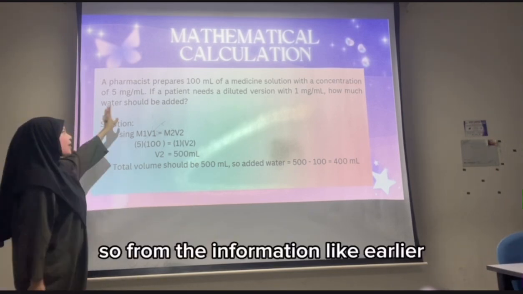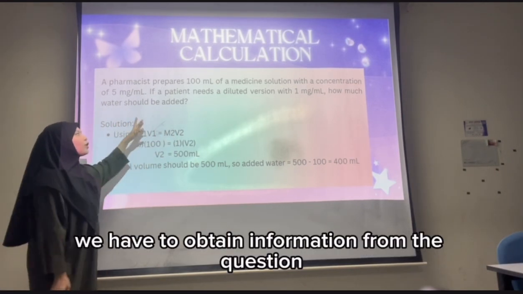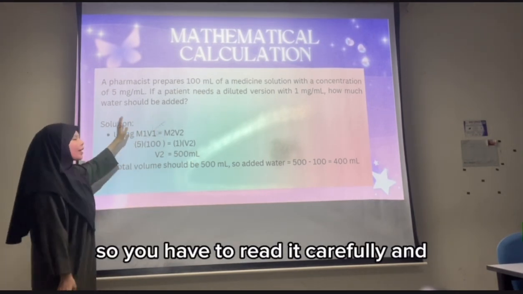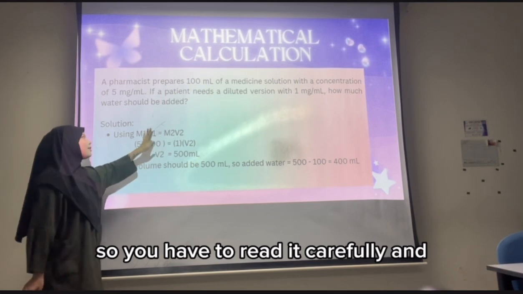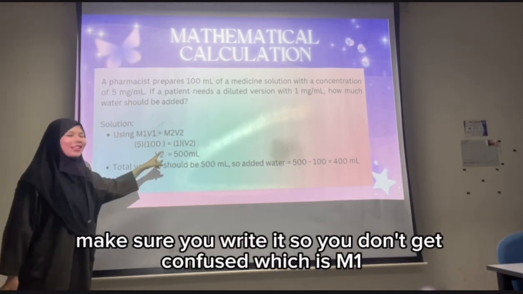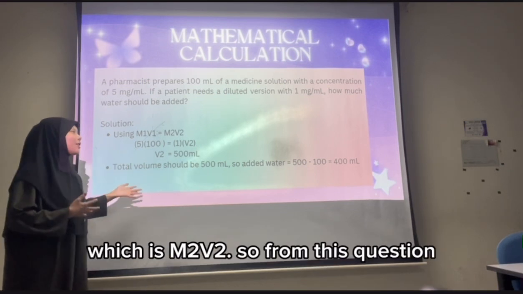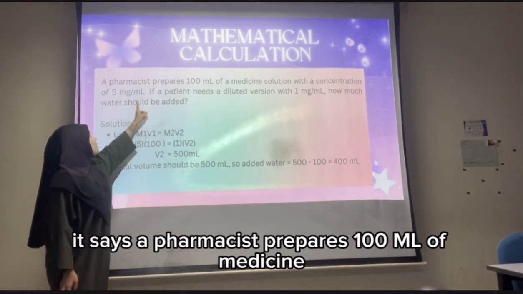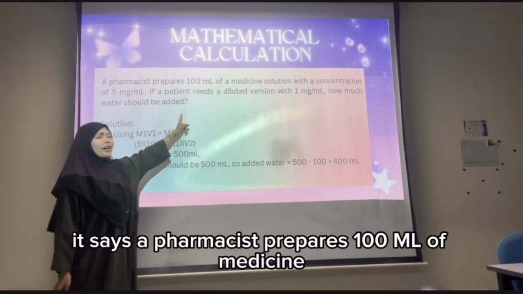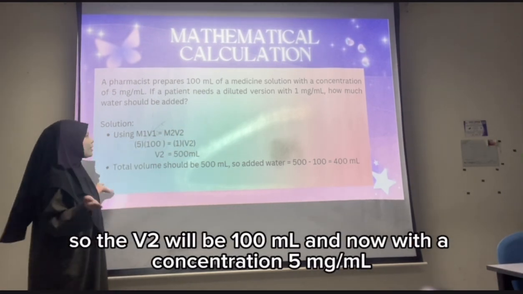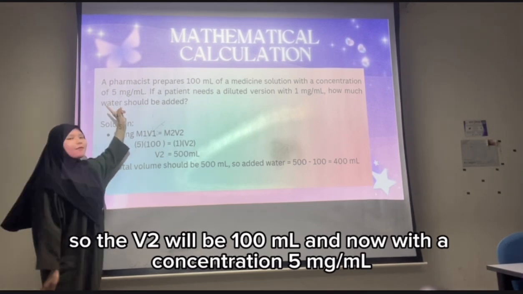So from the information like earlier, we have to obtain information from the question. You have to read it carefully and make sure you write it down so you don't get confused which is M1, which is M2, V2. It says a pharmacist prepares 100 ml of medicine with a concentration of 5 mg/ml.